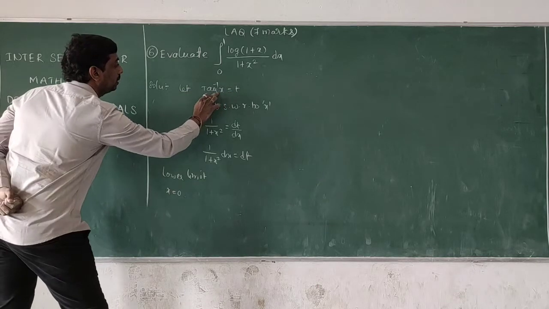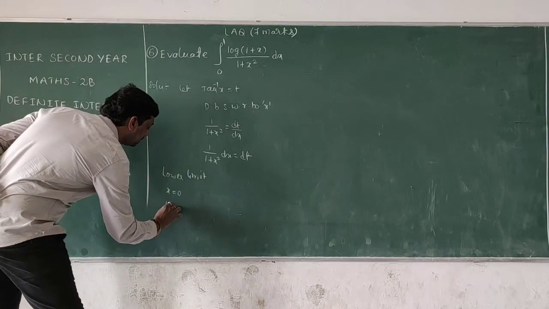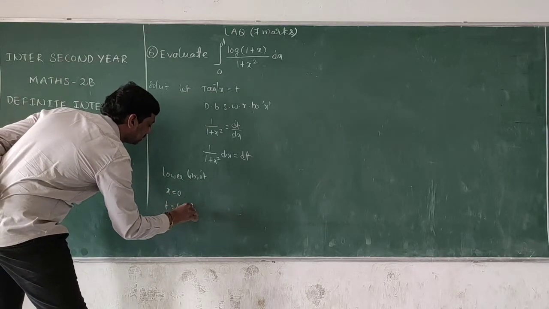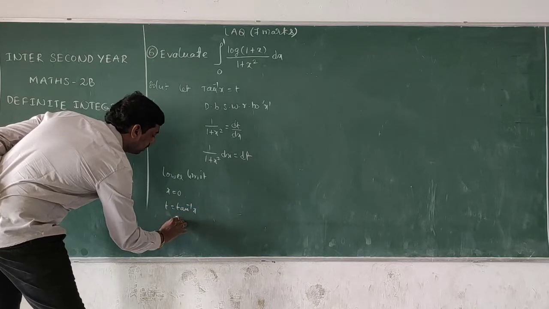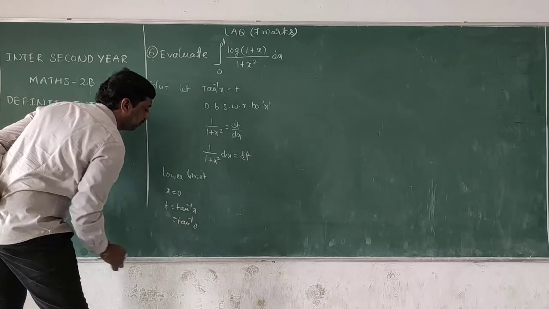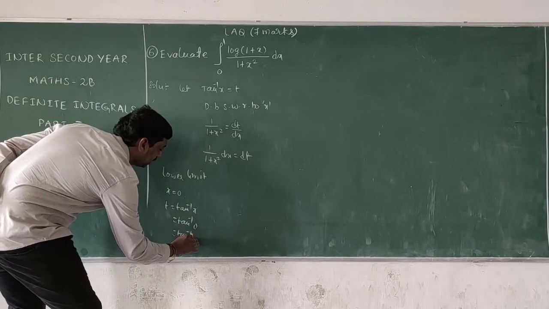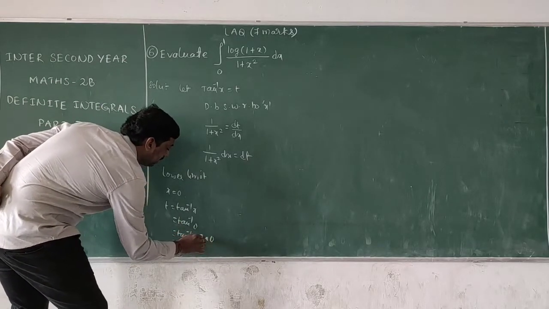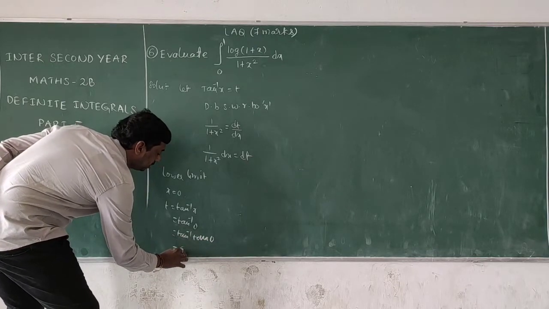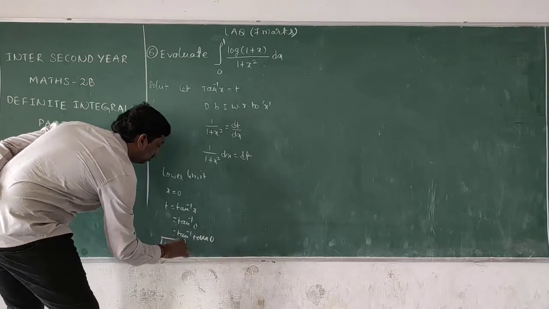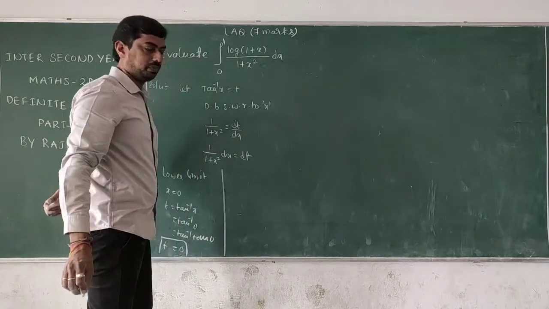We took tan inverse x equal to t, that means t equal to tan inverse x. The x value is 0, so tan inverse 0. Zero can be written as tan 0, so tan inverse of tan 0 is 0. Therefore, the lower limit is 0.